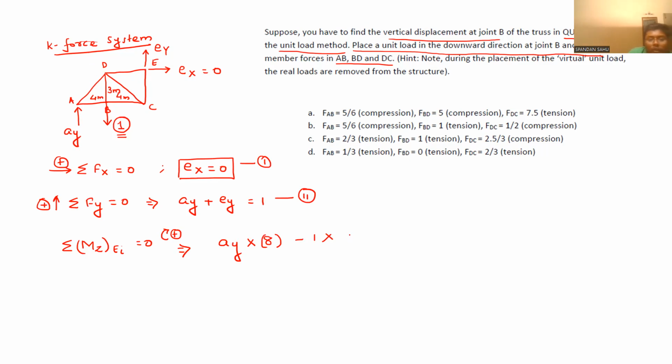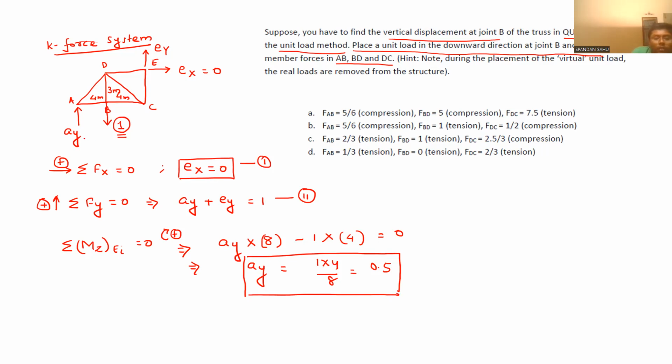This is 4 meter, so lever arm will be 4 meter about E, and that will be equal to 0. So we are getting Ay equal to 1 into 4 by 8, so 0.5 is the value of Ay. So putting Ay in equation 2, we will get Ey equal to 0.5, same value.